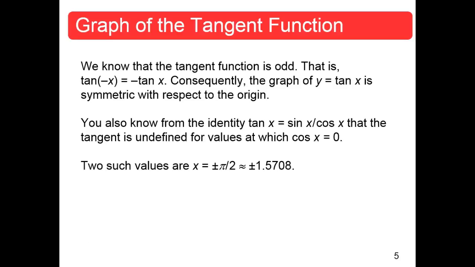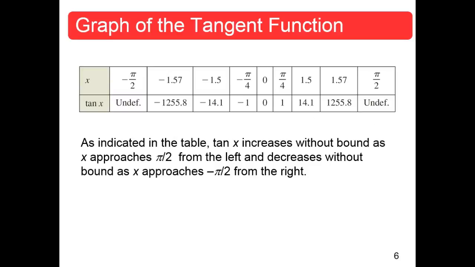Put those vertical asymptotes in their place, the half pi's. When you go from x equals negative pi halves to positive pi halves, it is undefined at negative pi halves. Now they do some other points in there.